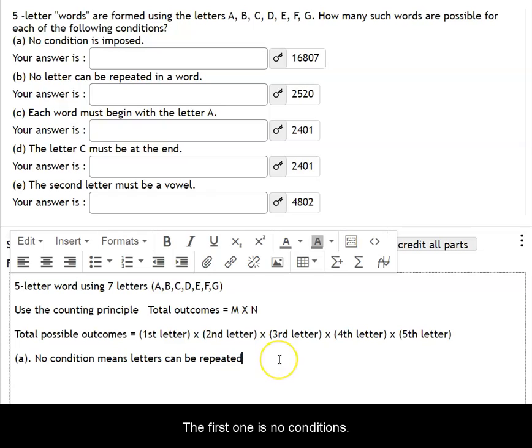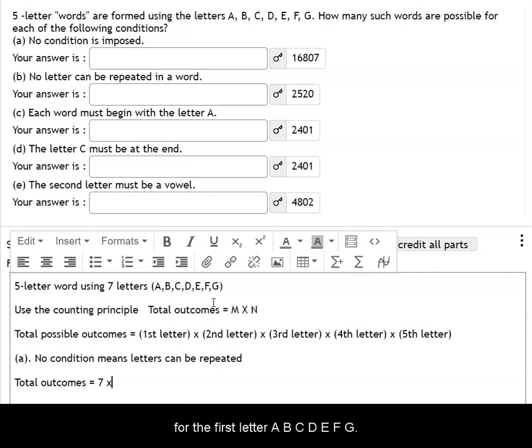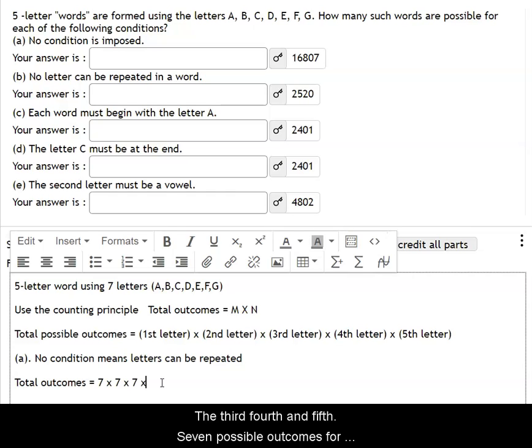So the first one is no conditions on the letters, which means that letters can be repeated. So the total outcomes would be 7 possible outcomes for the first letter, A, B, C, D, E, F, or G. And since letters can be repeated, 7 for the second letter in the 5-letter word, and 7 for the third, fourth, and fifth.